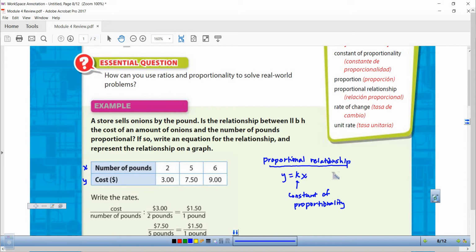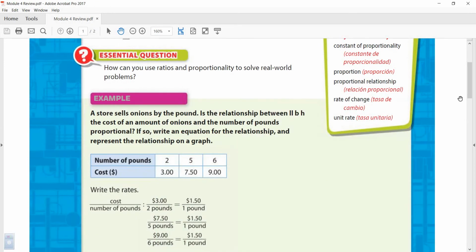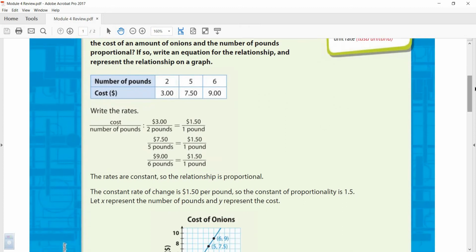And if you take that relationship and rearrange it and solve it for k, you get k is equal to y divided by x. So the constant of proportionality in a proportional relationship is y divided by x. If all of the y's divided by all of the x's are the same, then we say it's a proportional relationship. If you take a look, they did that right here.